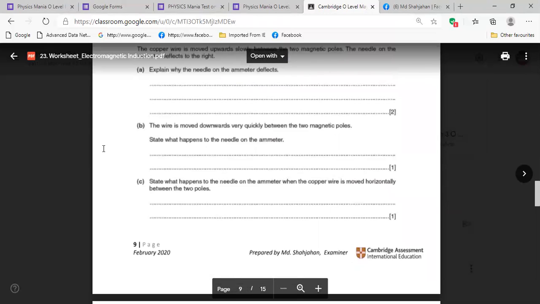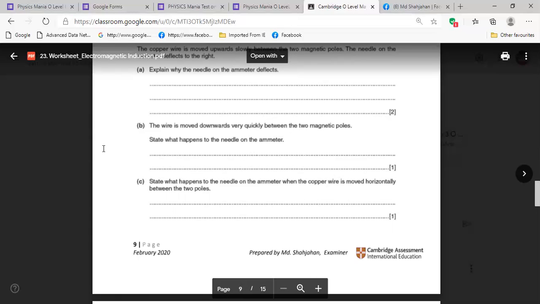The next. Read B and tell us the answer. The wire is moved downwards very quickly between the two magnetic poles. State what happens to the needle on the ammeter.